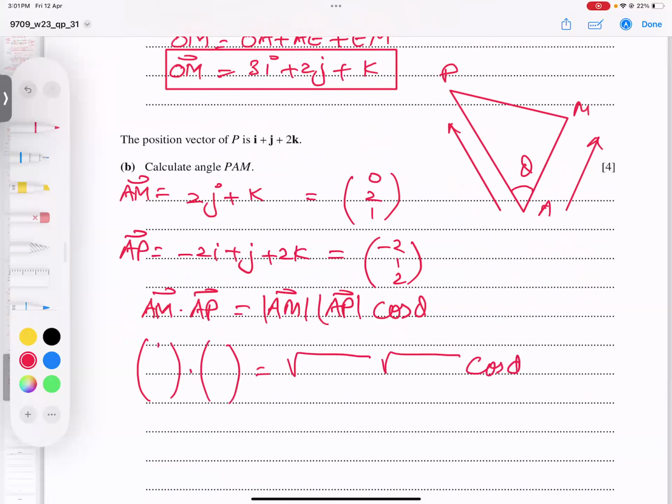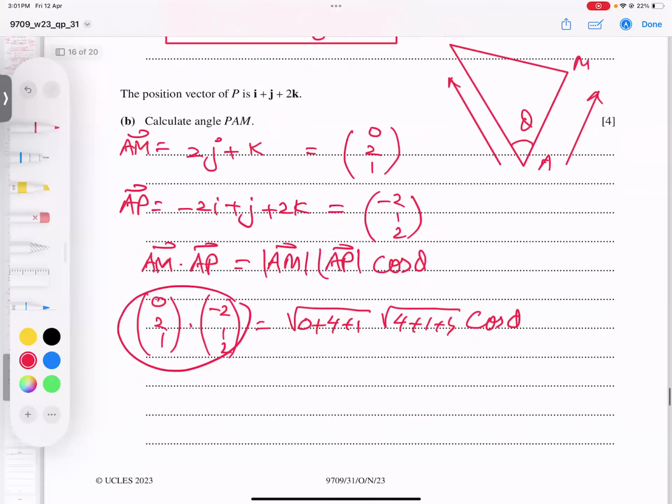So 0, 2, 1 and negative 2, 1 and 2. So square of 0 is 0, 2 square is 4, and 1. And square of 2 is 4, and 1 and 4. And here direct multiply: 0 plus 2 plus 2, root of 5 and root of 9 becomes 3.